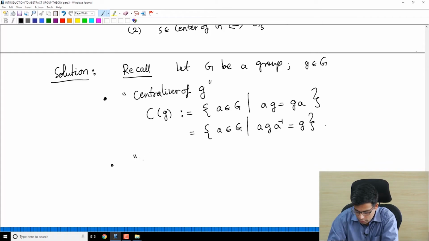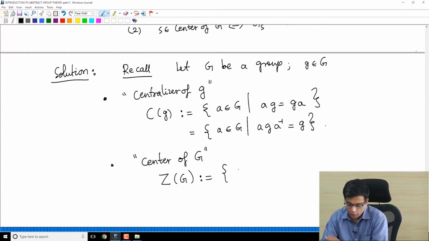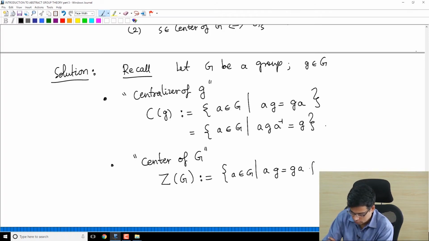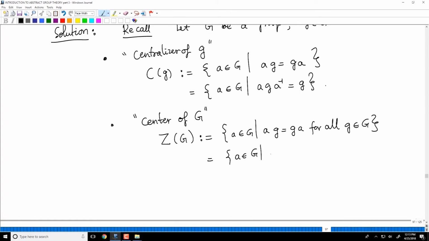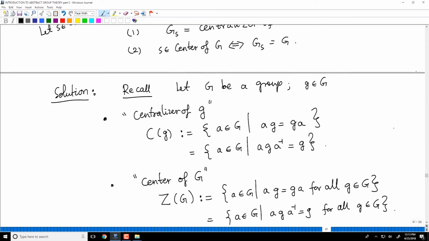What is the center of the group G, which I denoted by Z(G)? This is elements of the group that commute with everything else. Okay, the center will always be contained in the centralizer of any element. So this is all elements such that a g a inverse is g for all a in G, for all g in G, right?